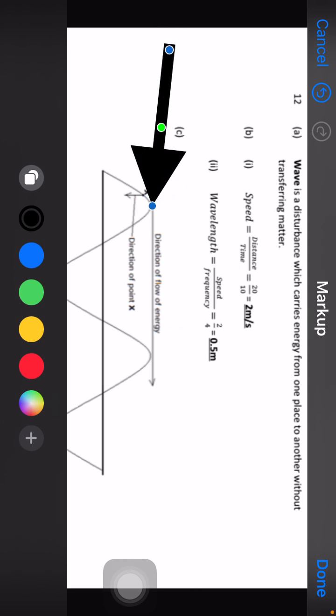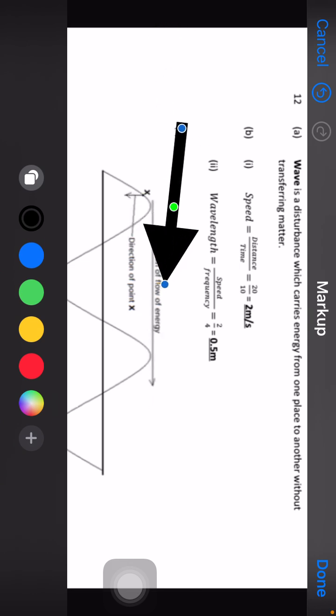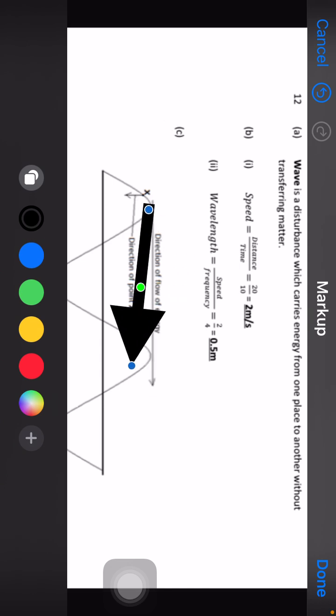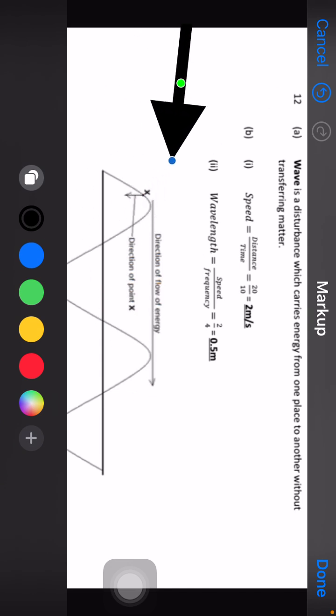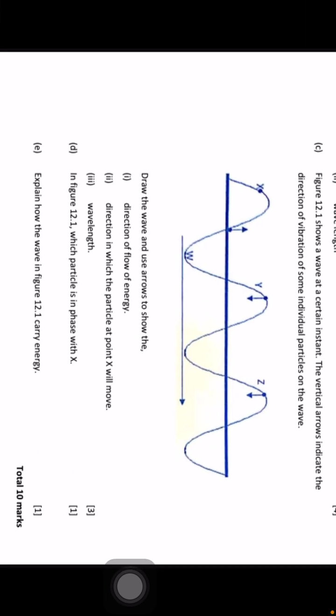The direction of the wave, the direction of the flow of energy, will be this way. Why? Because this is a transverse wave. Then go to the next question: the direction in which particle X will move.